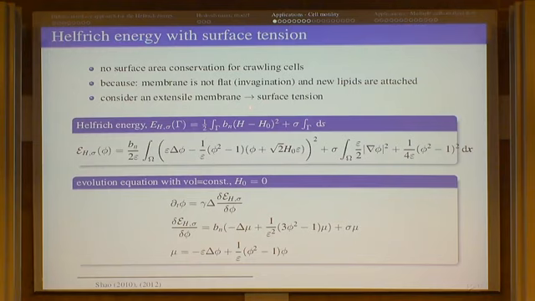And of course, there are new lipids coming from the bulk which attach to the membrane. Therefore, we consider an extensible membrane and use a surface tension term, this one. And this can be approximated by our Cahn-Hilliard energy. Okay, and then the evolution equation looks like this.